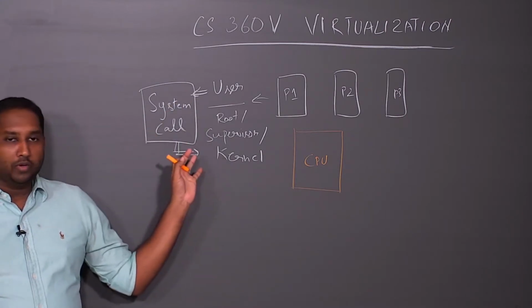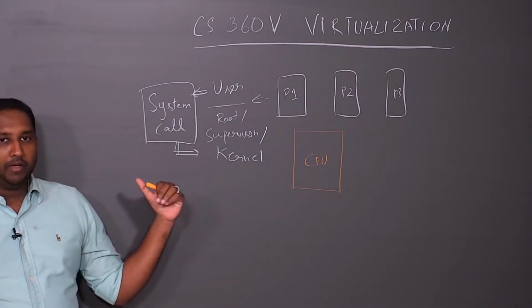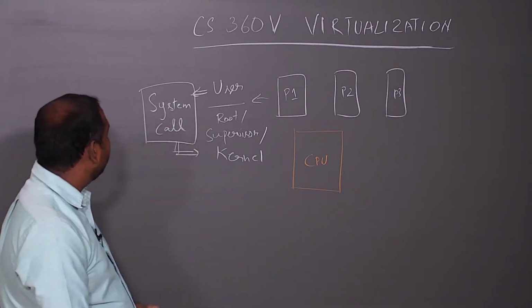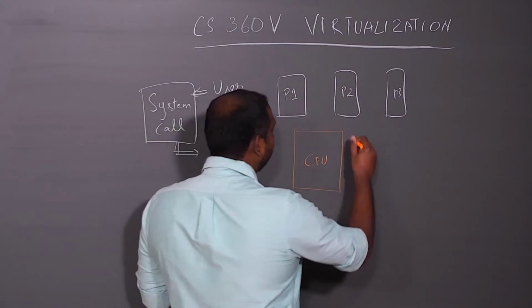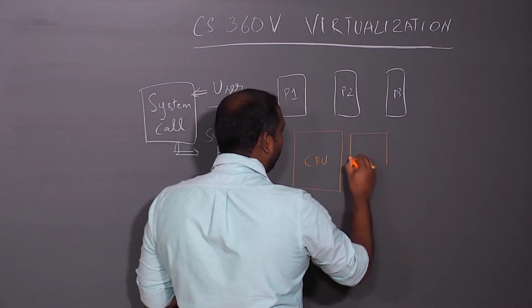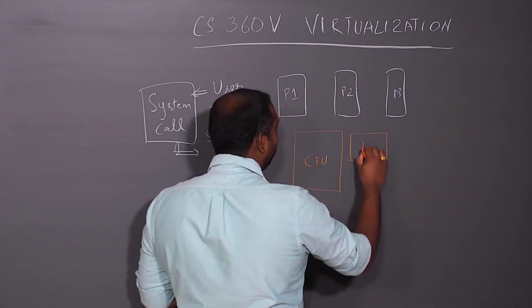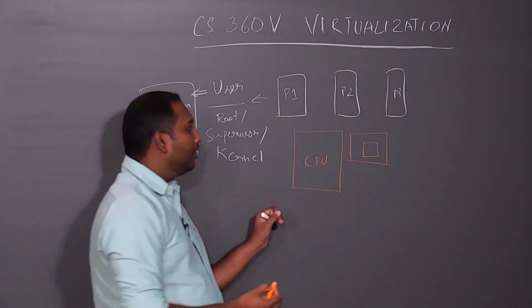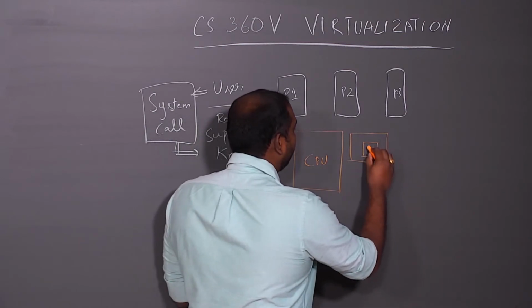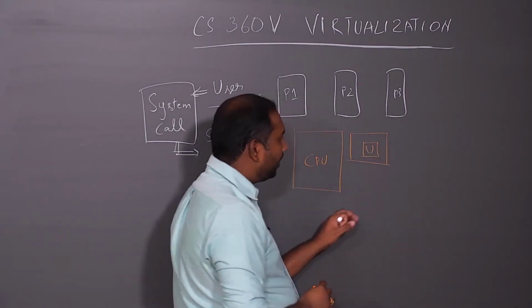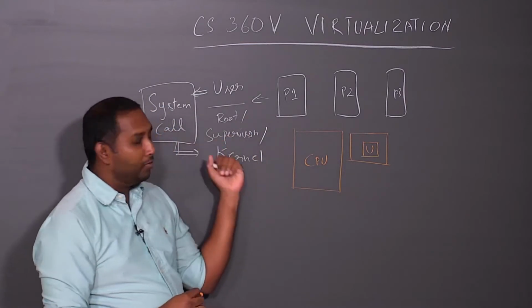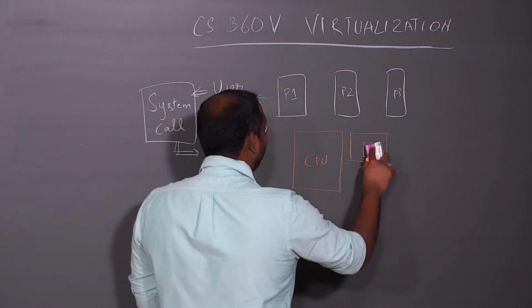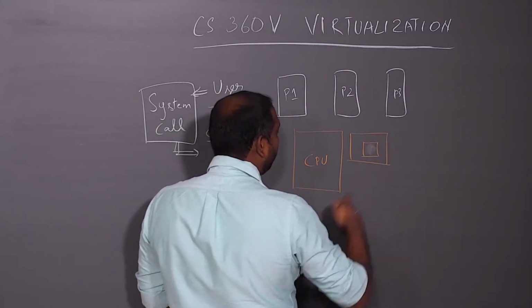So this is how it typically works, but from a hardware perspective, how do these things work? The answer is basically two things. One is that in hardware there is a register which holds the current mode of the process. Normally it's in user mode, and whenever you do a system call, this is switched to kernel mode.